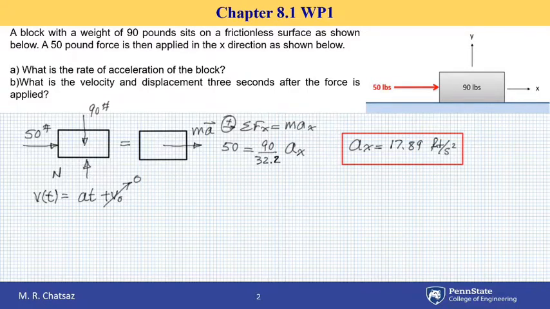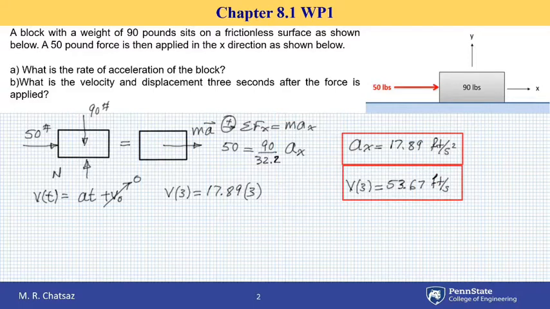Taking initial velocity to be 0, velocity at 3 seconds is 17.89 times 3. Therefore, V of 3 turns out to be 53.67 after multiplication. This is in feet per second. So that is velocity at 3 seconds.